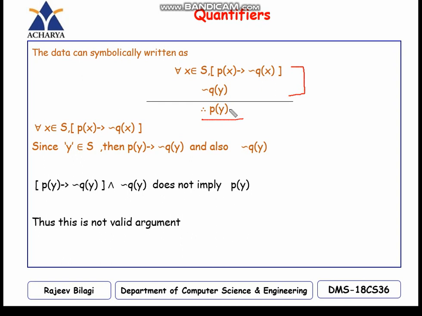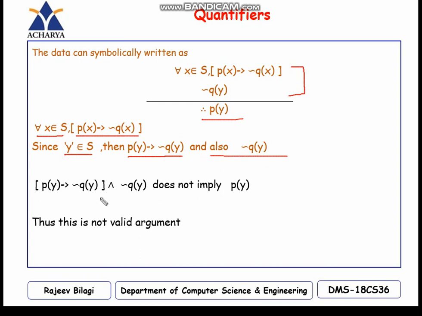Now, for all x belongs to S, it indicates y also belongs to S. So for this statement I can write P of y then negation of Q of y, and also this statement, negation of Q of y.